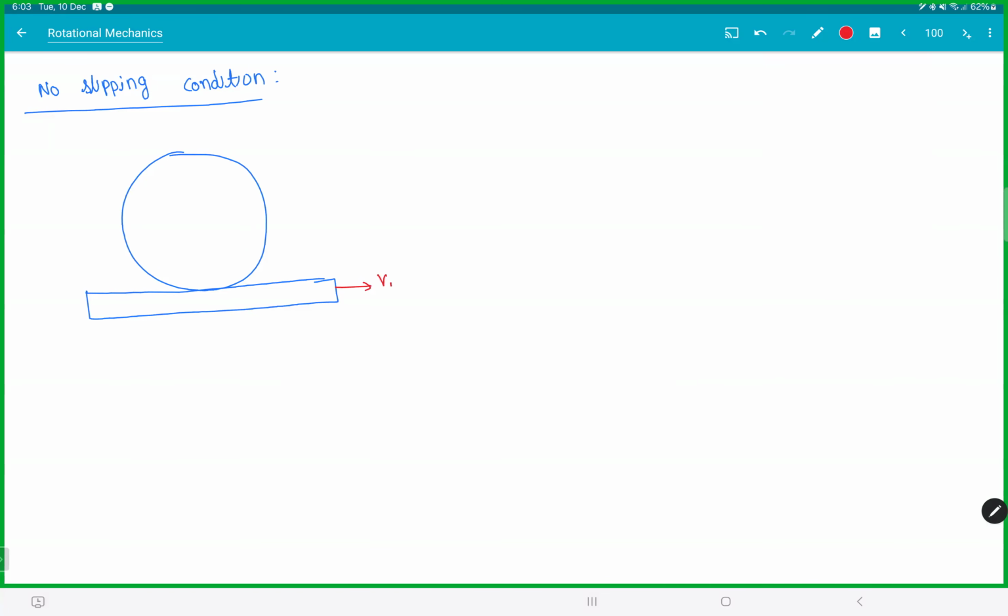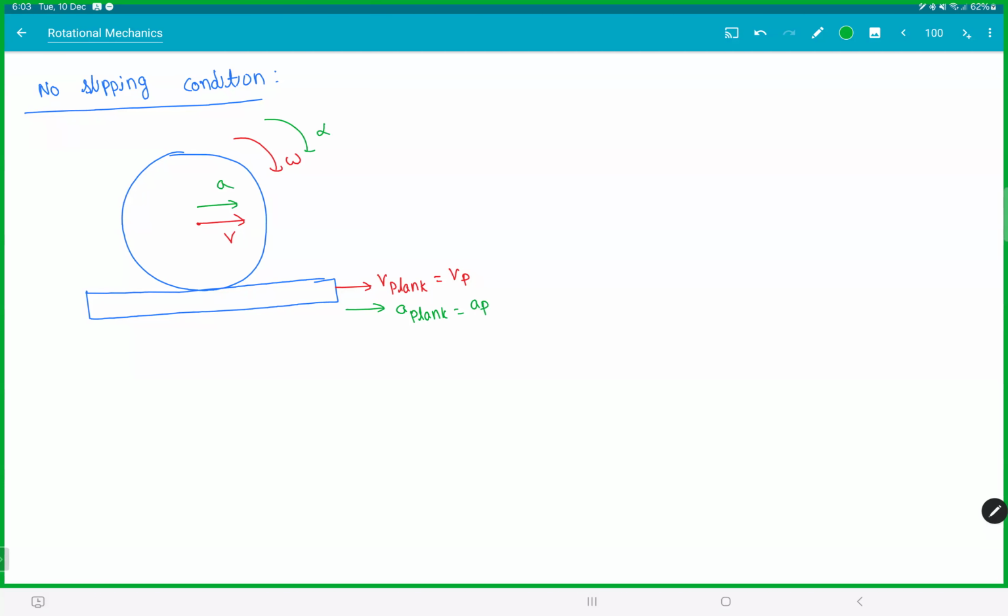Let the plank go with the velocity Vp. Let this go with V and let this rotate with omega. Similarly, let the acceleration of the plank be AP. Let the acceleration be A and let this be alpha.